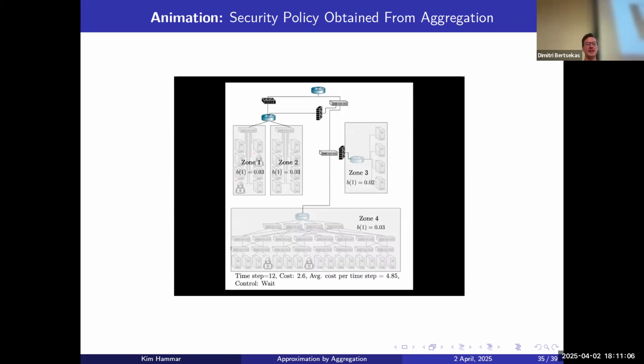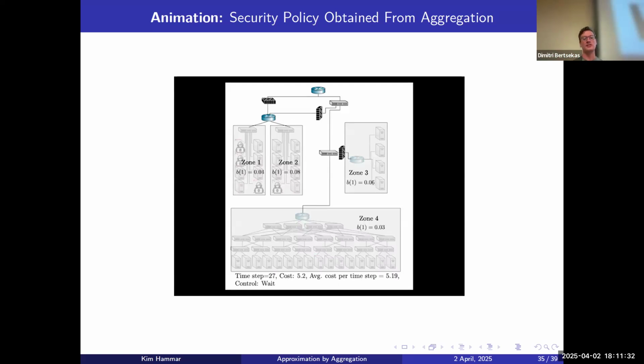This animation is not the cleanest, but basically I can explain the policy. If you study this animation for some time, you can see that the policy is basically that when the belief of compromise in a given zone reaches around 0.15, then the control policy does recovery of all the components in the zone. That's the basic policy that it has learned.